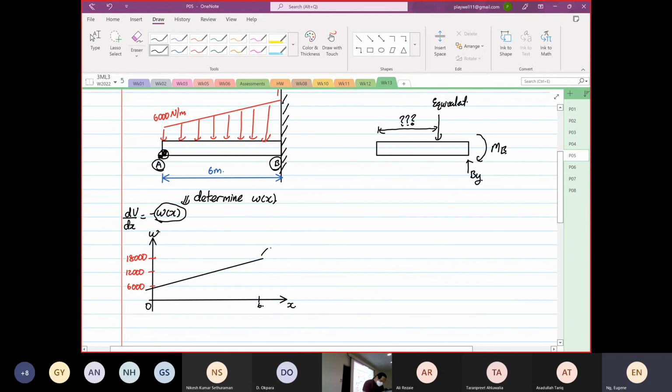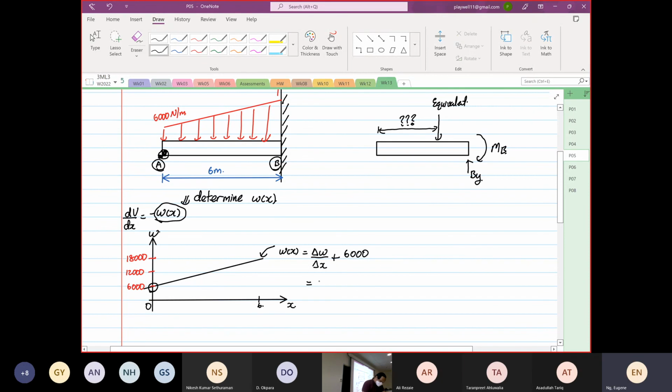So now we have to find omega as a function of x, equal to delta omega over delta x, plus 6,000. Why 6,000? Because that is where the y-intercept is. It intercepts at 6,000.